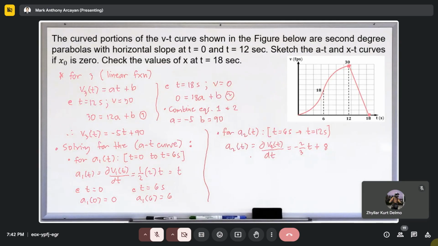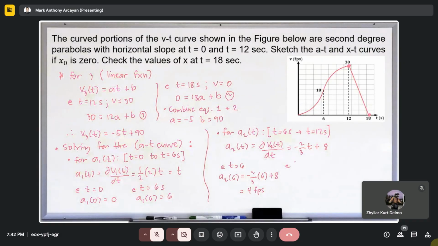Now, in order for us to know the nature of this line on this interval, we will substitute values for the boundaries. Like at t is equals to 6, what will be the value of the acceleration? So a sub 2 of 6 is equals to negative 2/3 times 6 plus 8. Negative 2/3 times 6 is negative 4, plus 8. So we have positive 4 fps squared.